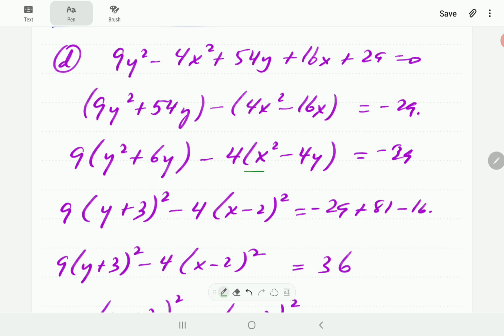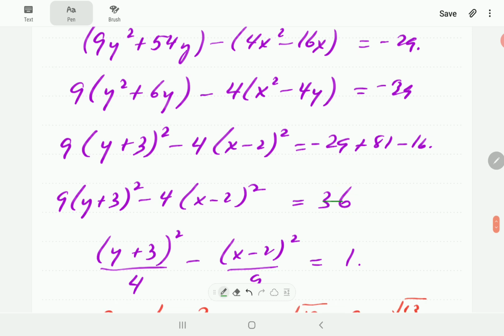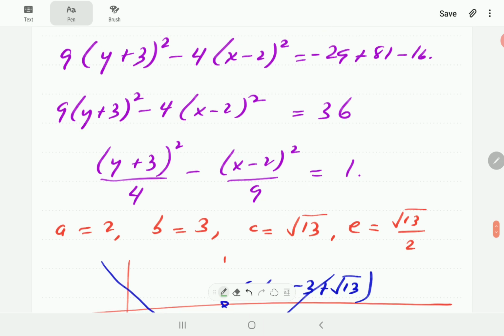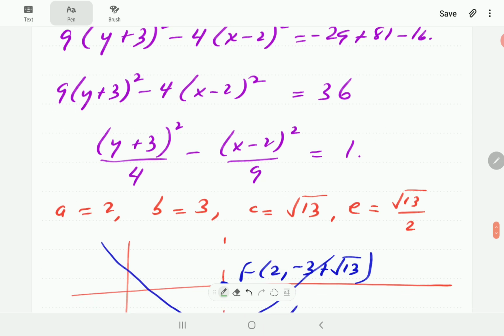Then we factorize, then we complete the square, then we divide by 36. So from here it tells us that a is 2, b is 3, c is the square root of 9 plus 4, and the eccentricity is square root 13 over 2.